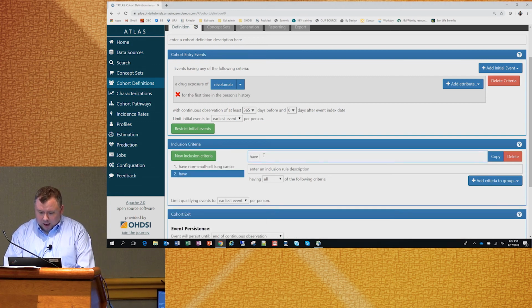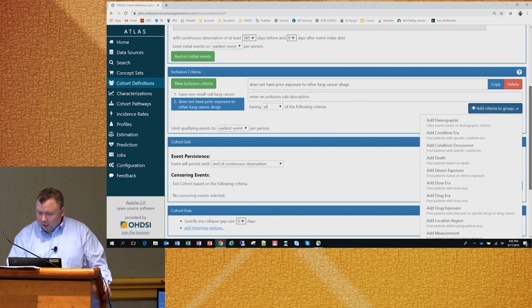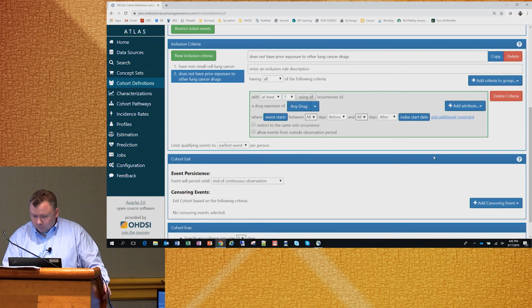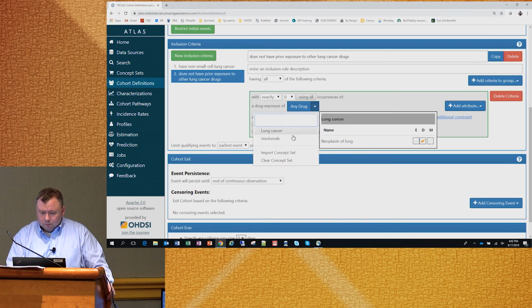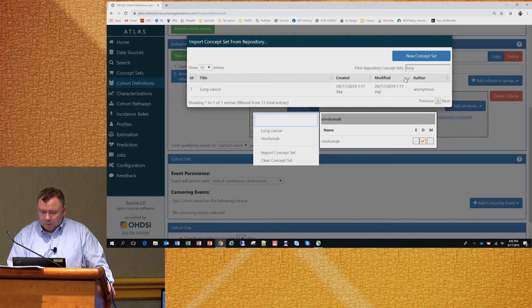Since we want this to be first treatment, we want to say does not have prior exposure to other lung cancer drugs. And we can do that by simply specifying that we can have exactly 0 of any time prior to any set of other drugs we might want to exclude.